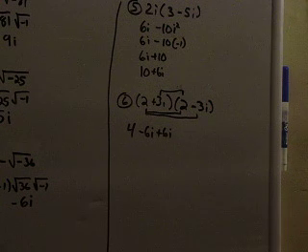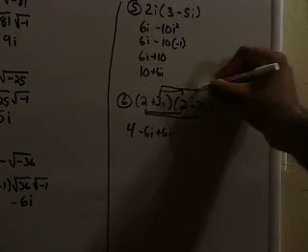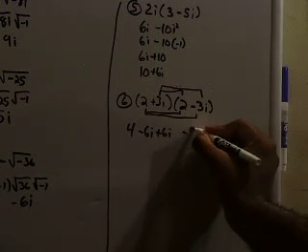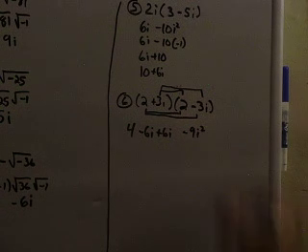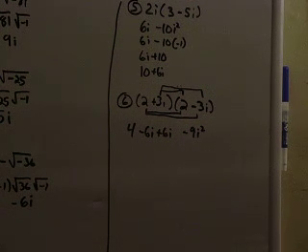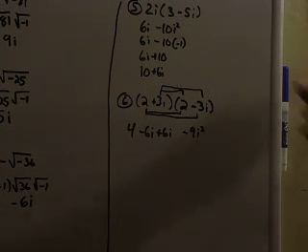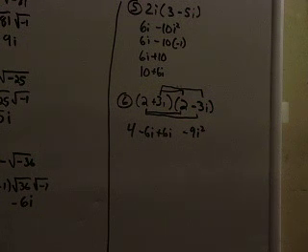And 3i times negative 3i, that's negative 9i squared. Okay, and so if you look there, your middle two terms are going to cancel, okay, because negative 6i plus 6i, that just goes away.